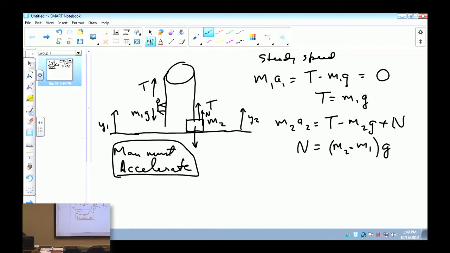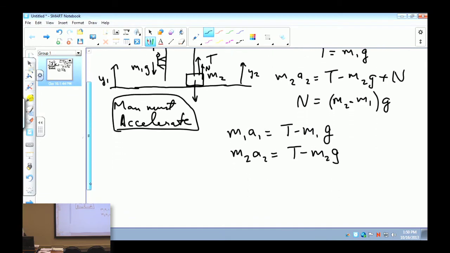And then let's study the situation in that case. Okay, now, in this case, if he accelerates, then the tension in the rope is greater than his weight.